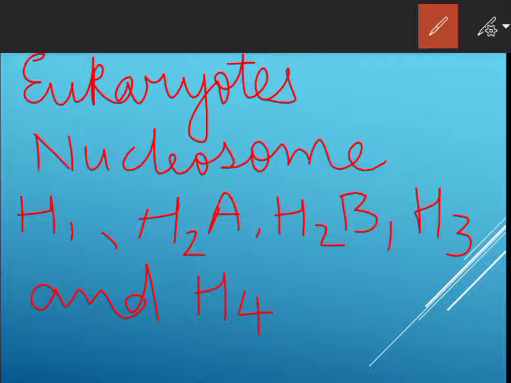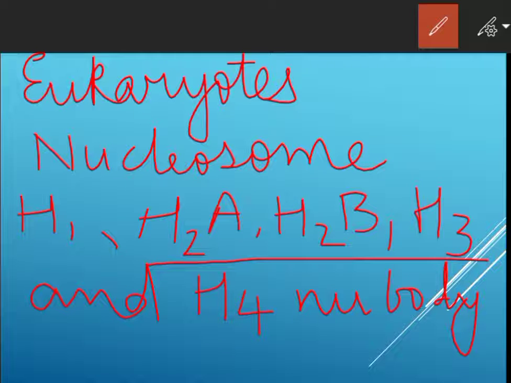Four of these types, H2A, H2B, H3 and H4, occur in pairs to produce the histone octamer, which is called the nu body, or core of the nucleosome.